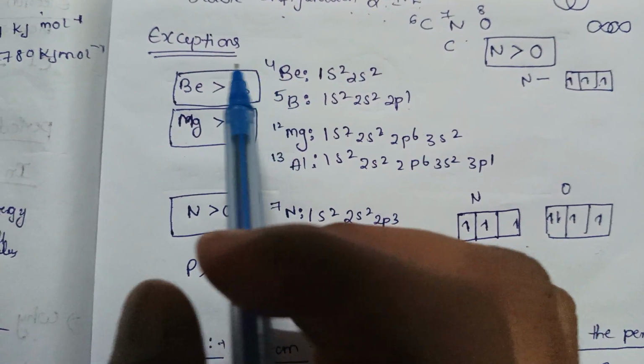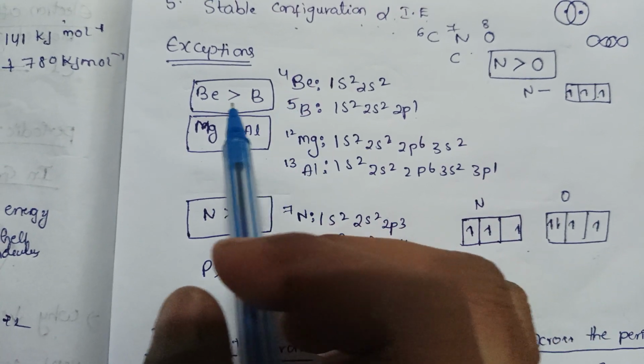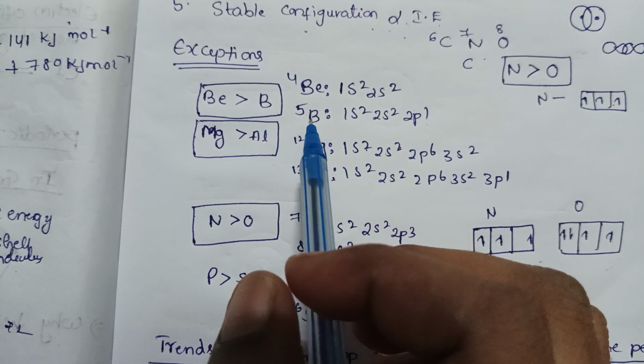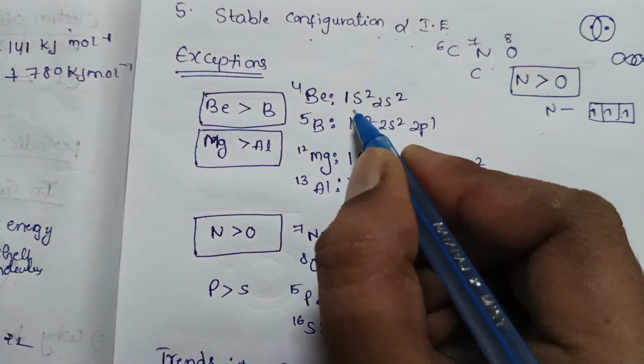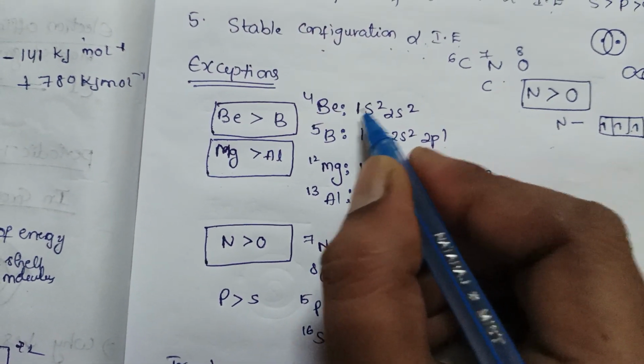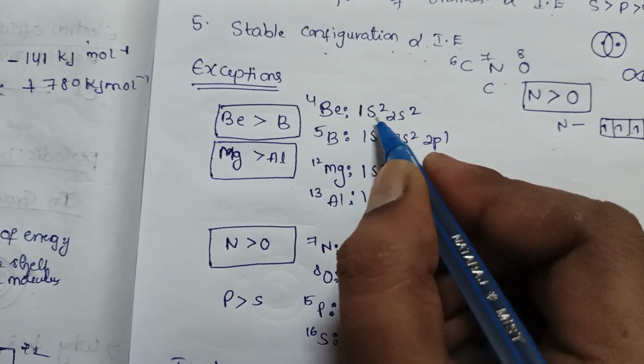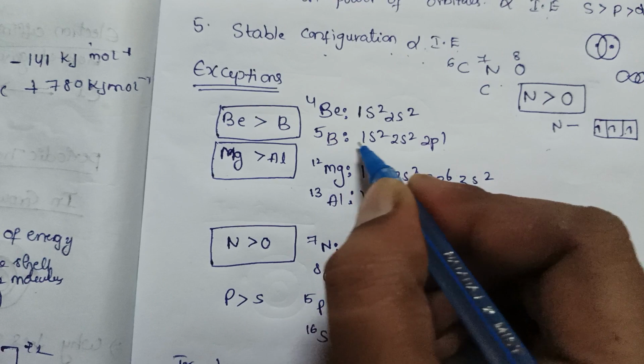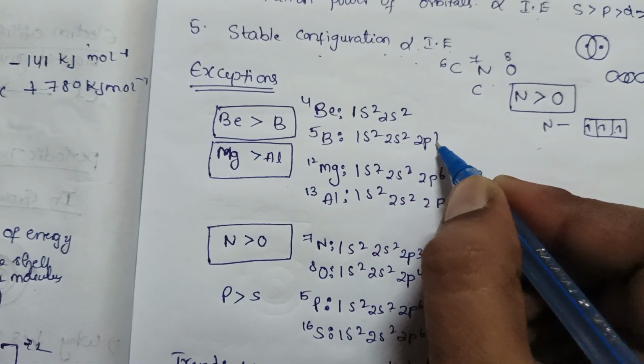Let's look at some exceptions. Suppose you look at beryllium and boron. Beryllium's atomic number is 4 and its electron configuration is 1s2 2s2. For boron it is 1s2 2s2 2p1.